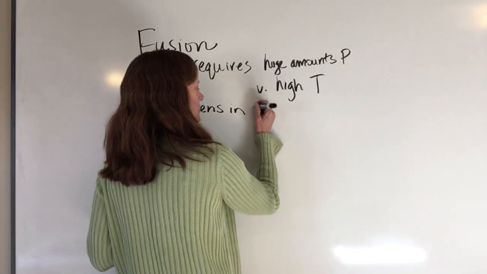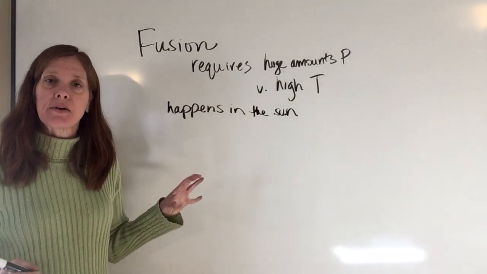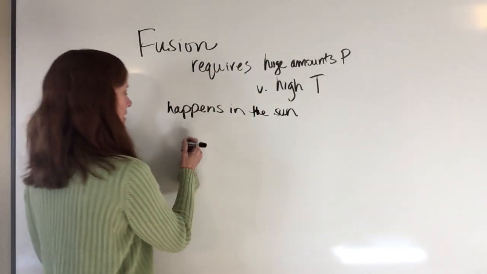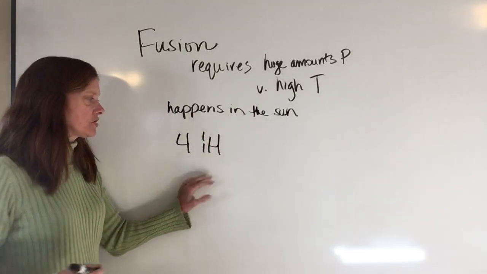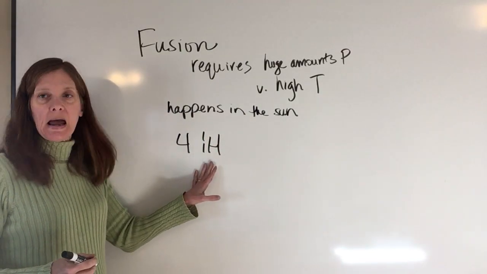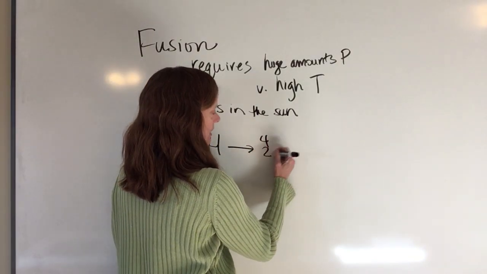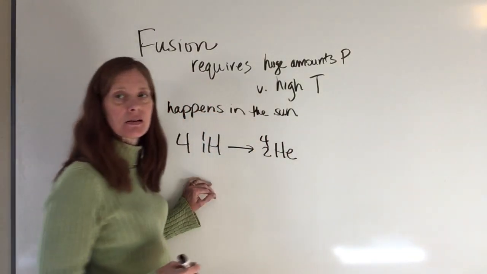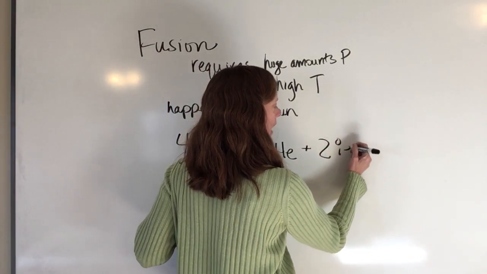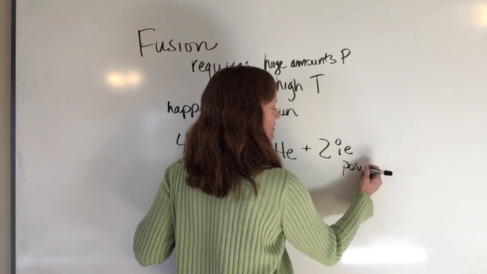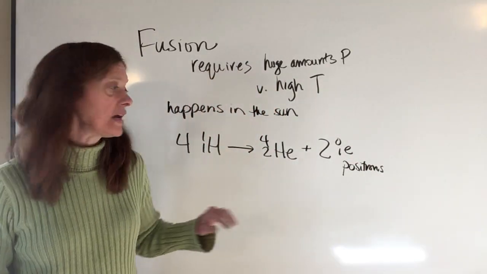So if this happens in the sun, what the equation looks like for the fusion reaction that happens in the sun is this. We take 4 hydrogen atoms, just very simple hydrogen atoms, and we fuse them together, and what that does is it makes a helium atom, and it makes a couple of what are called positrons. Now you'll notice that looks very much like the electrons that we were using in beta decay.